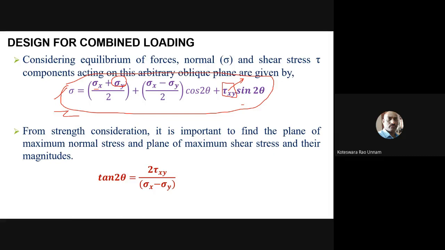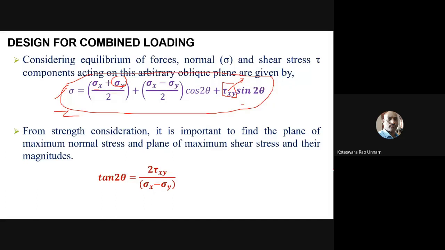Those critical stresses occur on a critical plane, so we want to find out what those critical planes are. Like I mentioned already, sometimes we'll use the principal planes as the design criteria, or the plane of maximum shear stress.